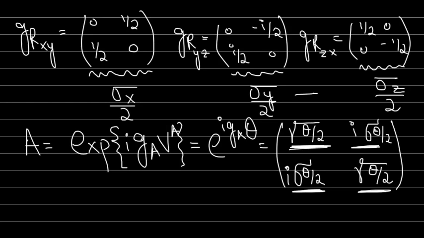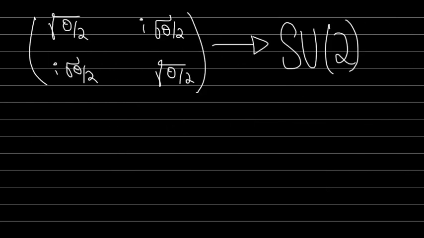Then we used our definition of a Lie group, that an element of a Lie group can be written as A equal to the exponential of whatever is in the exponential. We substituted these 2 cross 2 G matrices and figured out this matrix, which is an element of SU2.